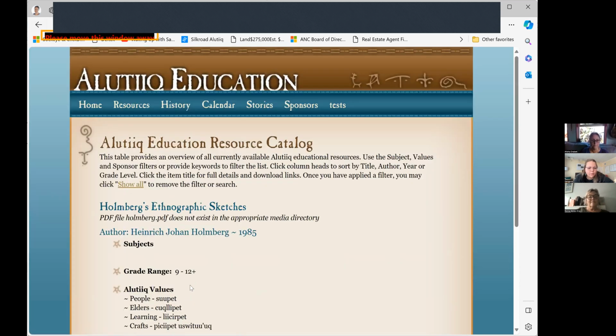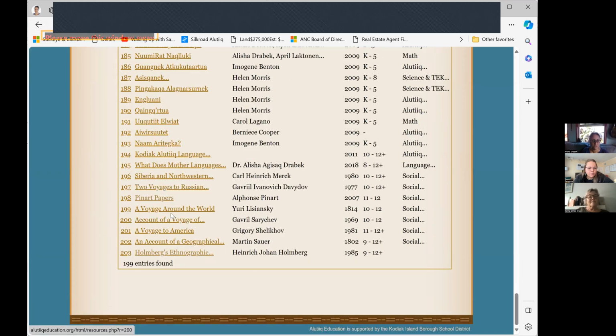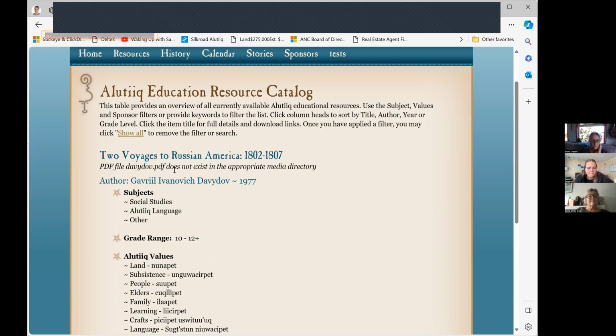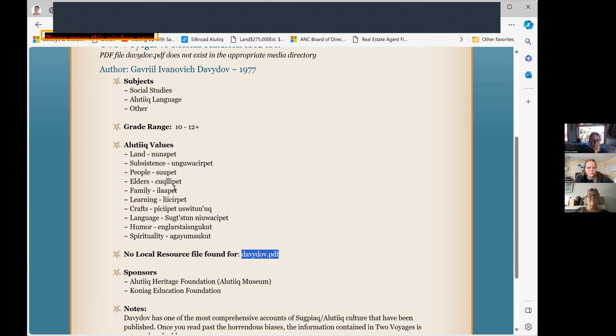Wait, can you click on the 2 voyages one? Two Voyages is the book, let's see. Oh yes, Davidoff's book. It looks like it's a broken link. I think somebody scanned the whole book and tried to load it.